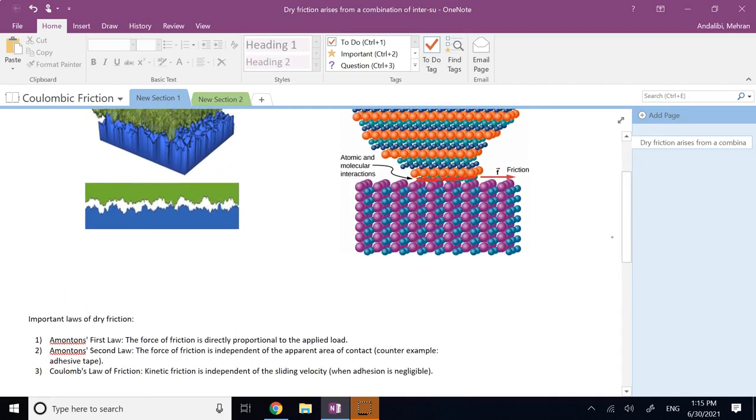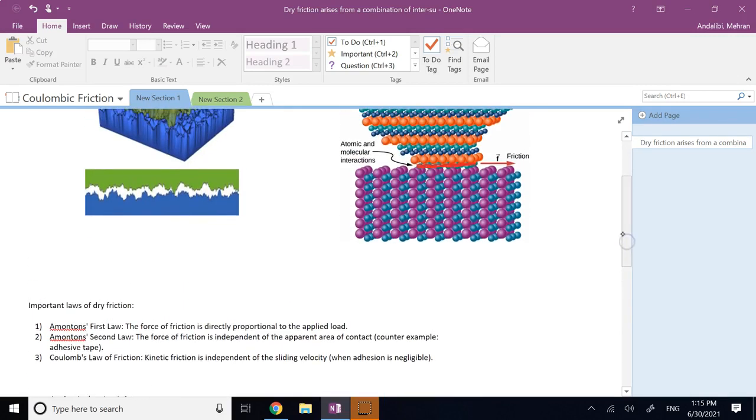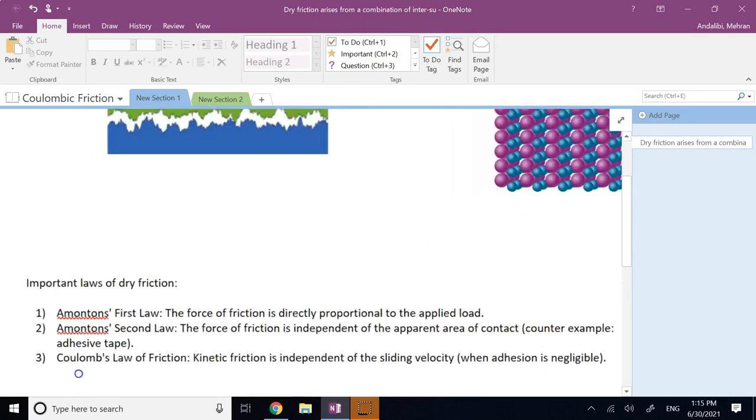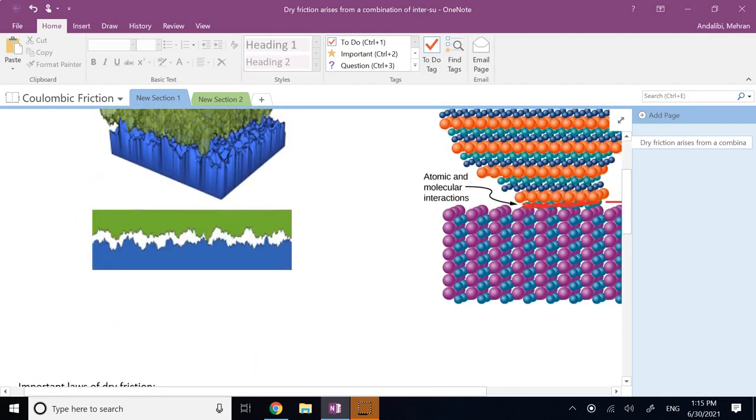And the important laws of dry friction, mentioned by Amontons and Coulomb, say that the force of friction is directly proportional to the applied load. So if these two surfaces are pressed together with some force N, whatever you want to call it, let's say you fix the bottom surface and you just move the top surface.